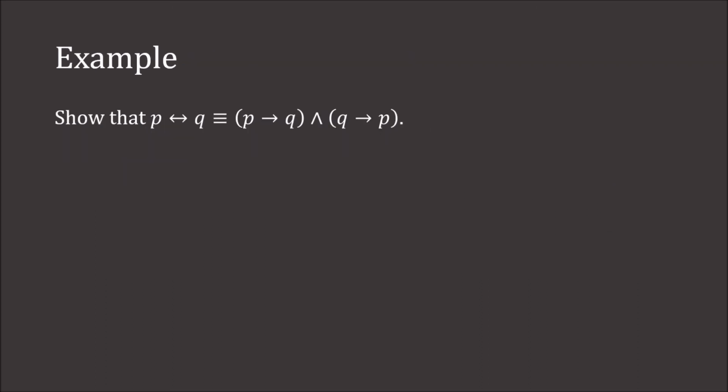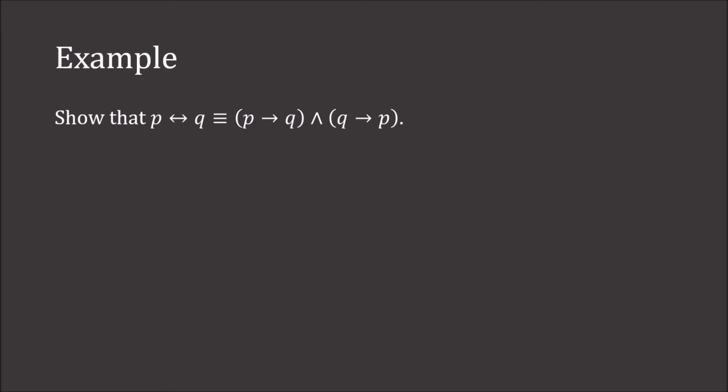We're now going to show that another way of writing P if and only if Q, the biconditional, is as the conjunction of two conditionals. So P if and only if Q is logically equivalent to P implies Q and Q implies P. This statement will be important, again, when we study proofs.